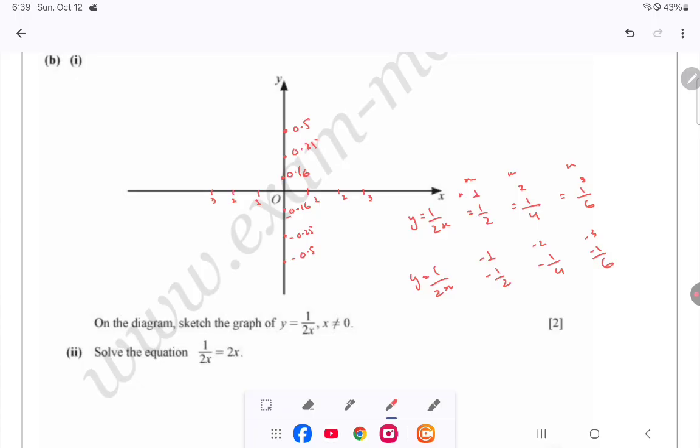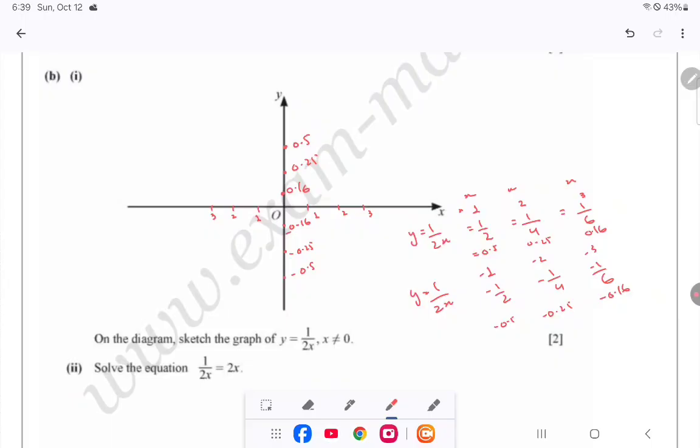If we solve it furthermore, it is negative of 0.5, negative of 0.25 and negative of 0.16. Again 0.5, 0.25, 0.16. Now I already put these points of the y in the y-axis here, here and here.